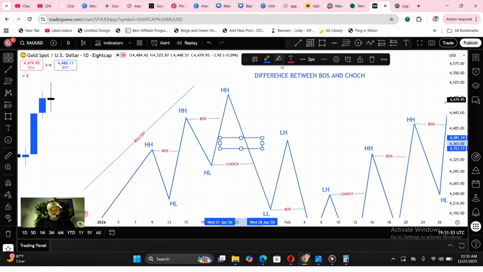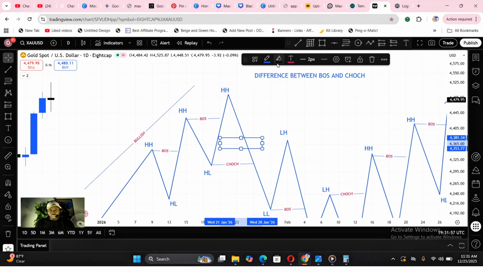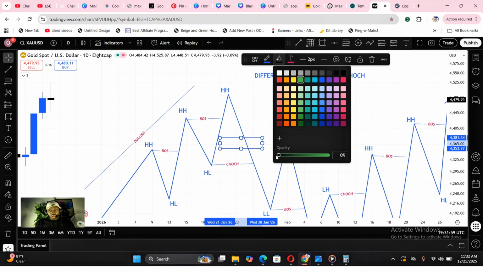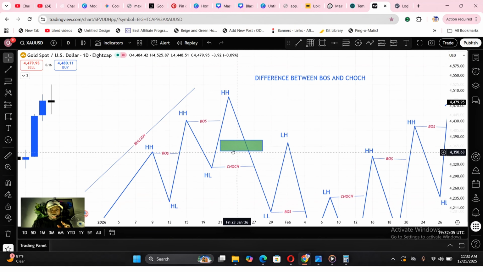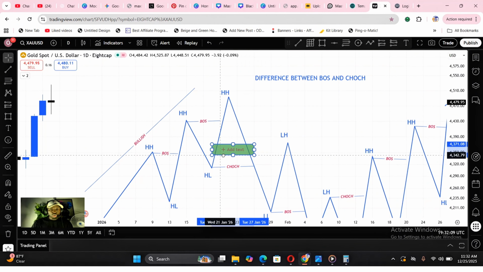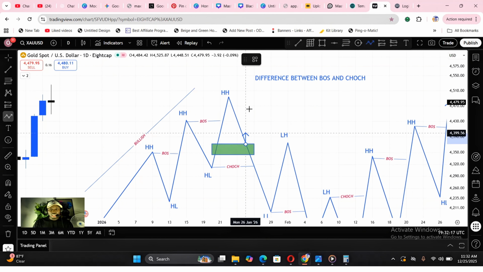I just want you to understand this. When the market reached somewhere like this place, the market was supposed to reach here, then go up, and then break here. But it didn't do that.